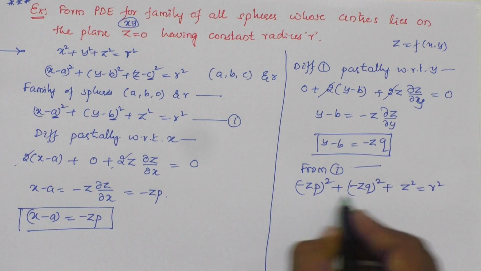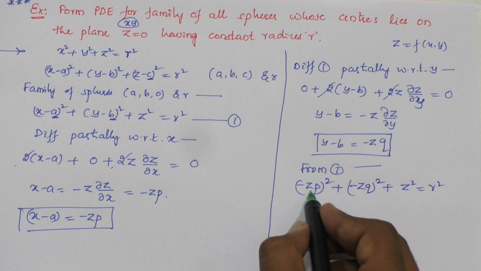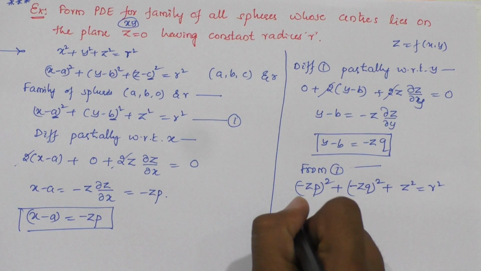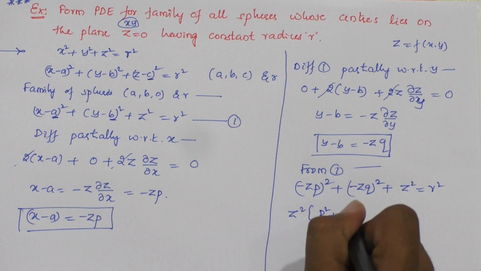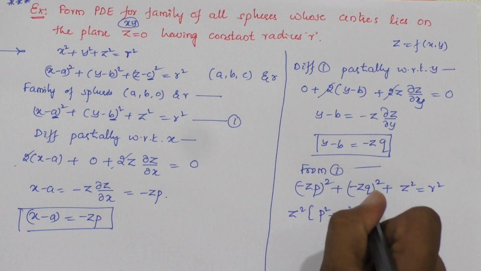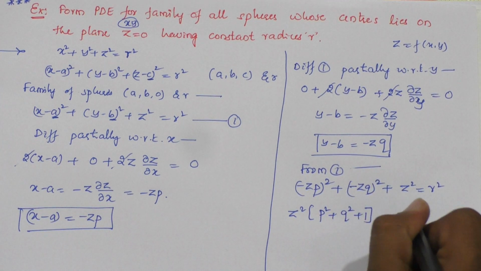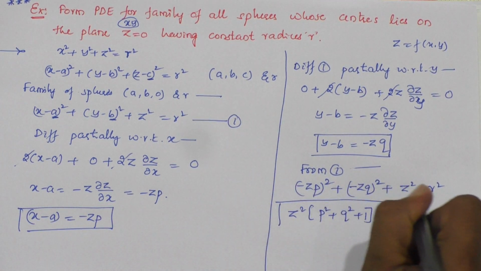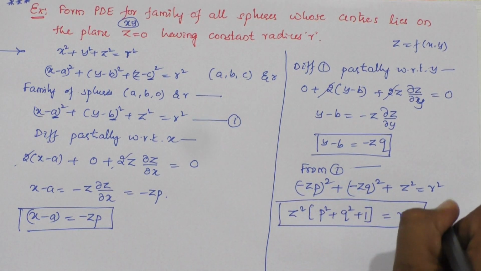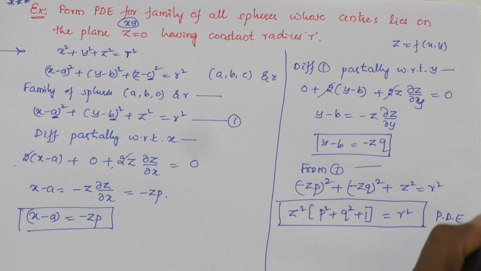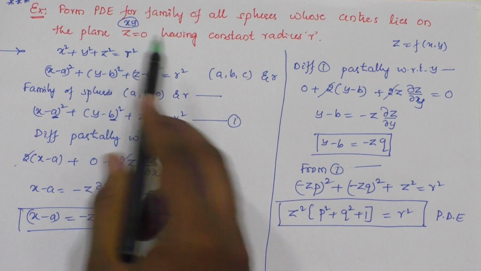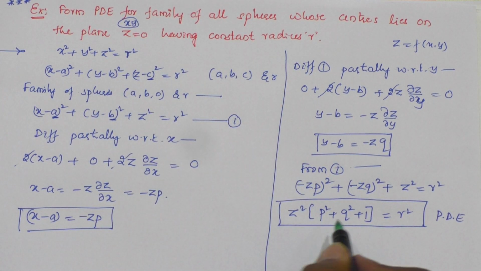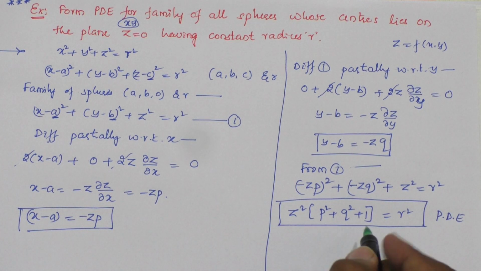Throughout, if you look at this, z square is common, so z square into the bracket p square plus q square plus 1 is equal to r square. So this is what we got, the PDE for the family of all spheres whose centers lie on the z plane or xy plane, and here we don't have the arbitrary constants a and b.